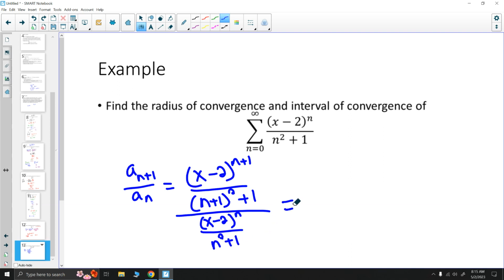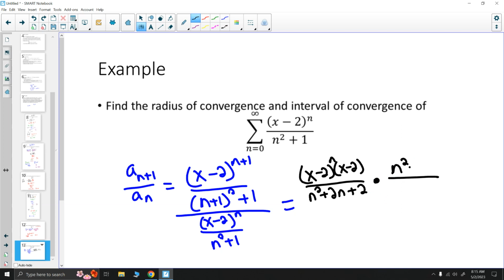Okay, so if we think about this, on top we have x minus 2 to the n times x minus 2, over, I'm going to go ahead and distribute this out. That would be n squared plus 2n plus 1, which is going to give us plus 2 here. And then this is going to be times n squared plus 1 over x minus 2 to the n.